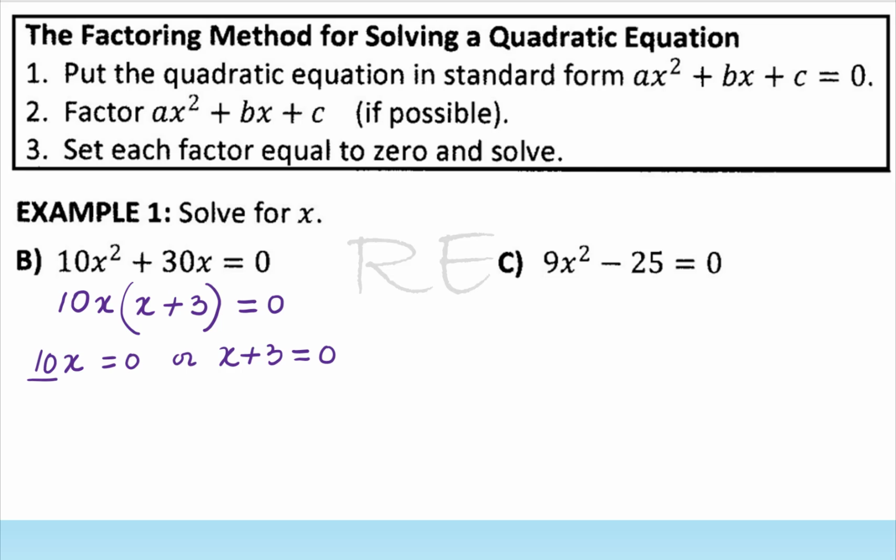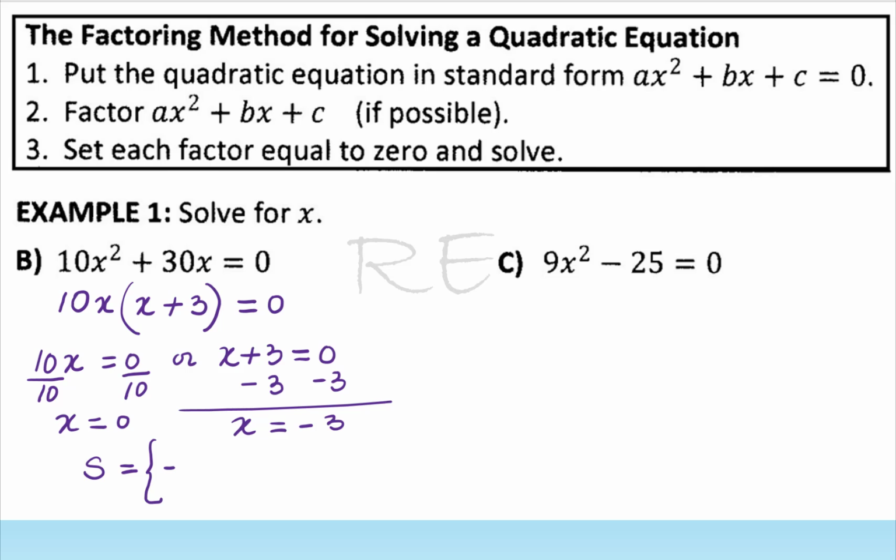When we divide both sides by 10, we get x equal to 0. When we subtract 3 from both sides, we get x equal to negative 3. So the solutions for this equation are x equal to negative 3 and x equal to 0.